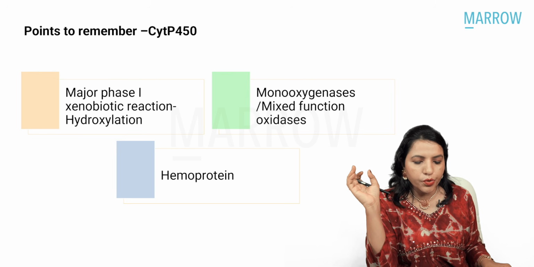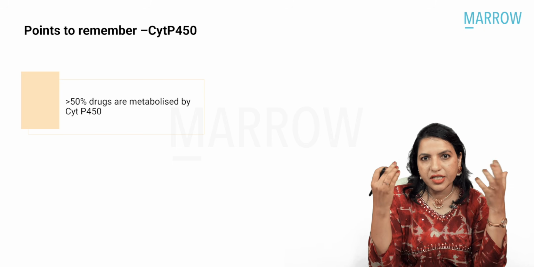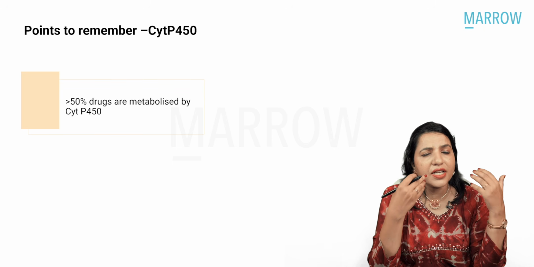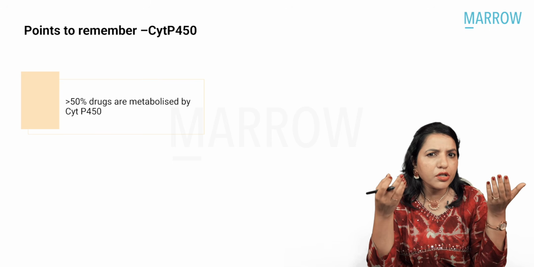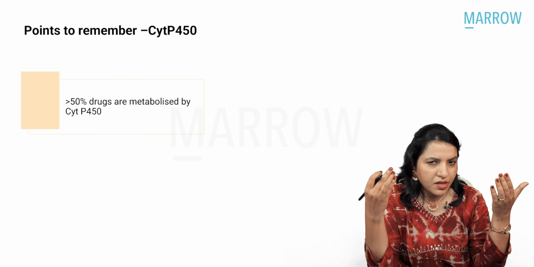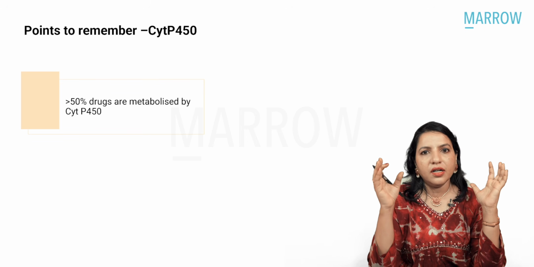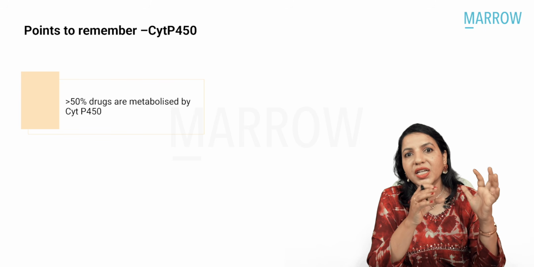Then why do we need the hydroxylation reaction? It is mainly to metabolize xenobiotics. Xenobiotics means foreign compounds, which include our drugs. More than 50% of drugs are metabolized by the cytochrome P450 system, and for that we need NADPH.